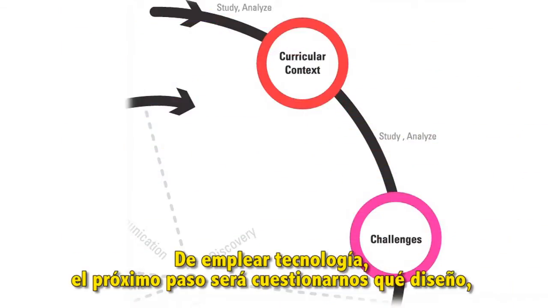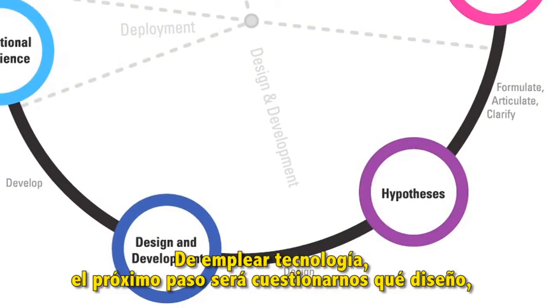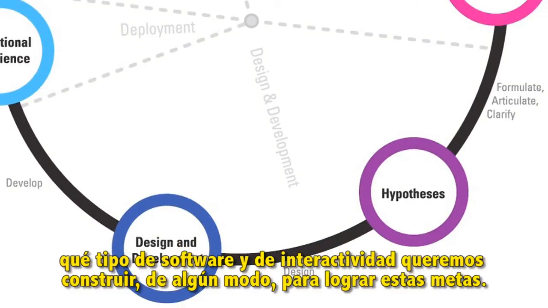If they are technological, then the next step is to ask ourselves, well, what design, what kind of software, what kind of interactivity do we want to construct in order to realize these goals?